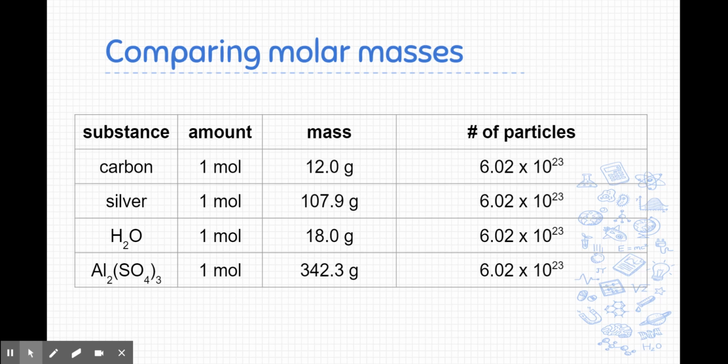So we see what's the same and what's different. When we're talking about molar masses, we're talking about masses of the same number of particles. However, the masses are going to be different because the composition of those compounds are different.